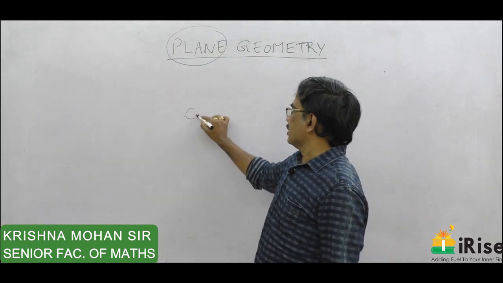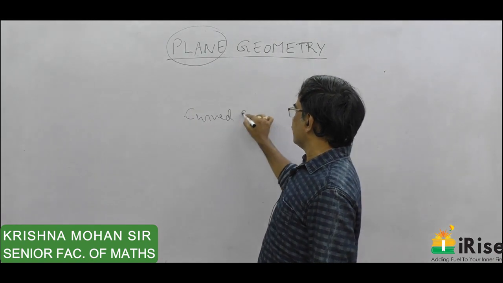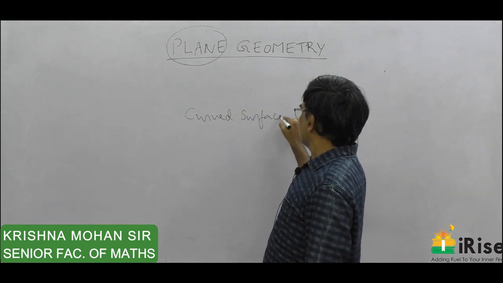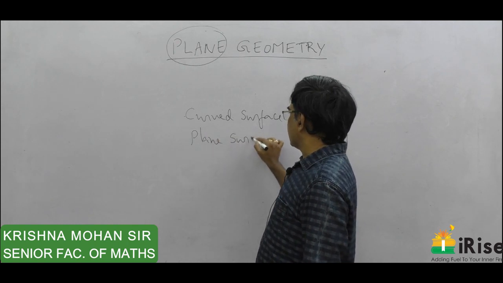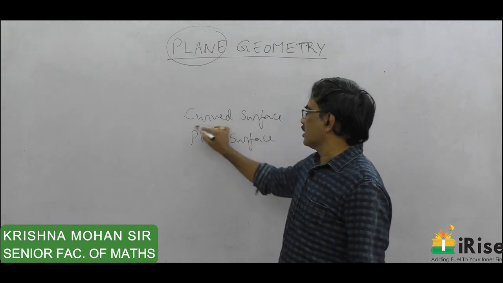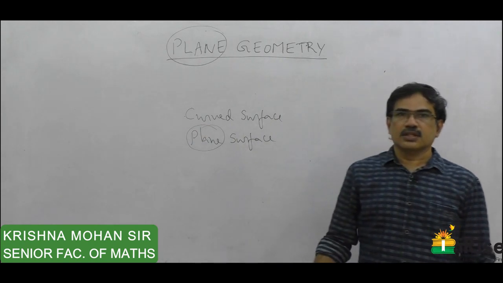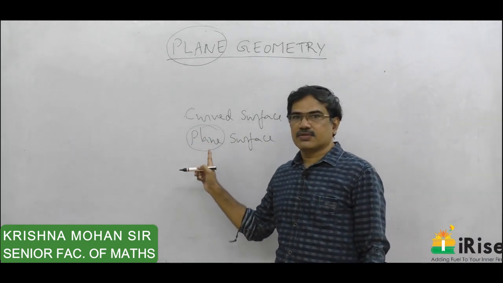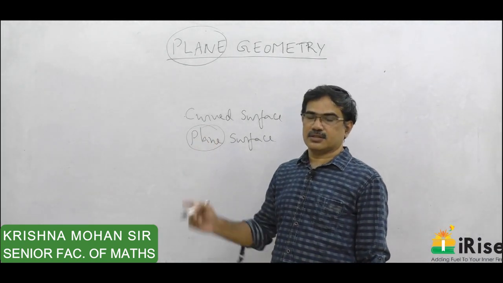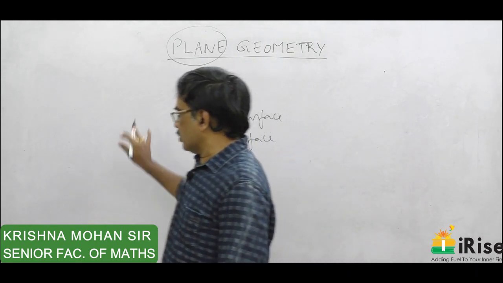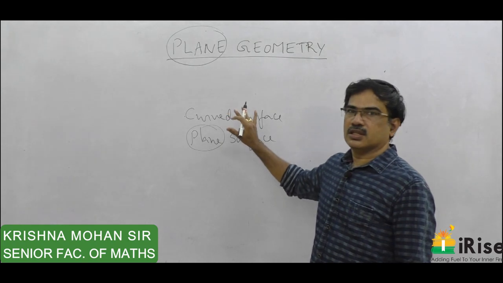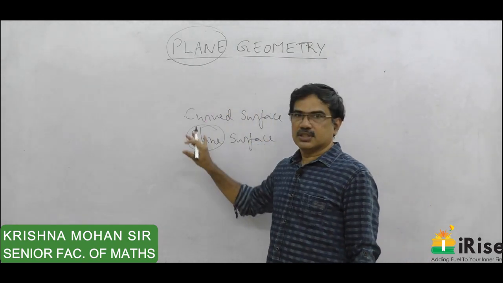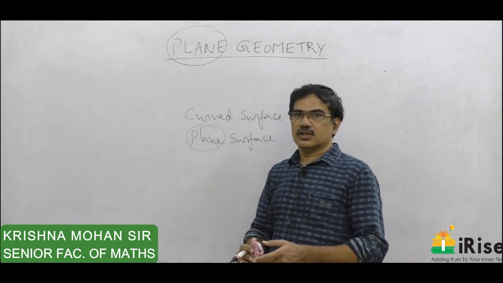One is a curved surface. Second one is a plane surface or a flat surface. Generally, flat surfaces are called planes. So the board is a plane. It is a flat surface.